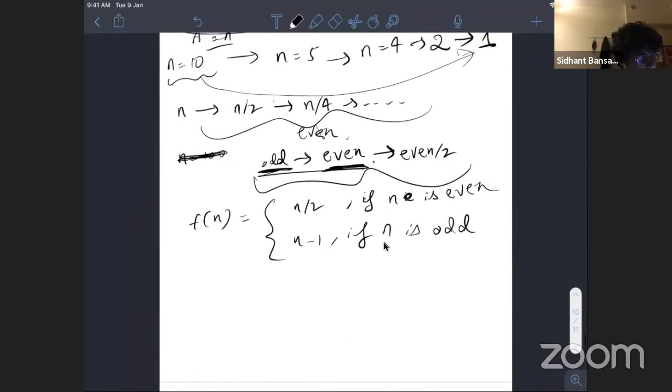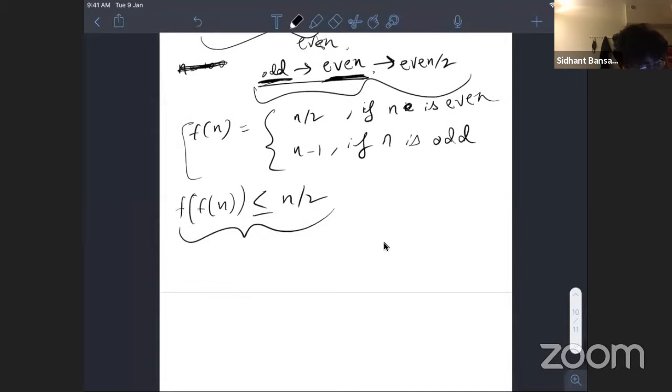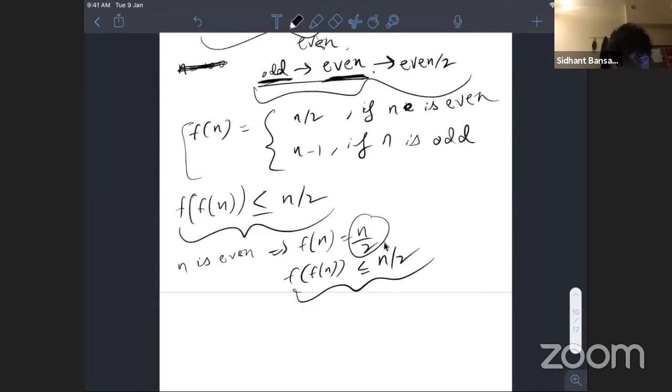So the idea being that f of n is definitely going to be less than n by 2. Think about it. If n is even, then f of n is going to be n by 2, right? And f of n is also going to be less than or equal to n by 2. You don't care whether n by 2 is even or odd. This thing is definitely going to be smaller.